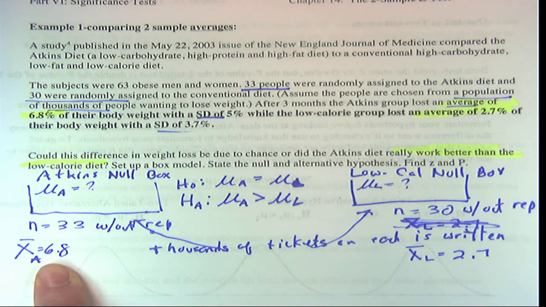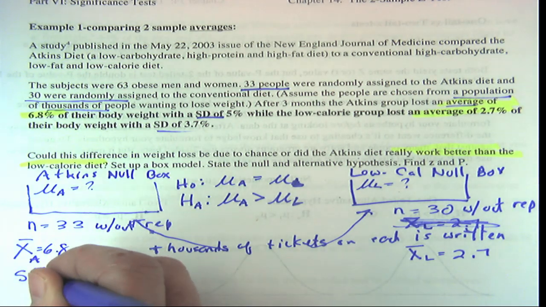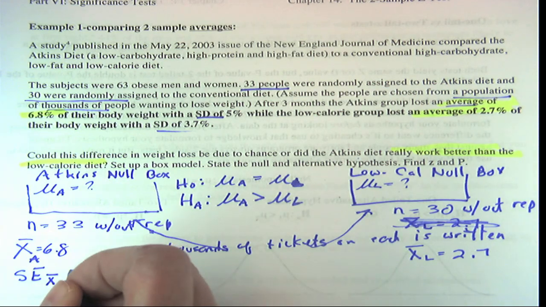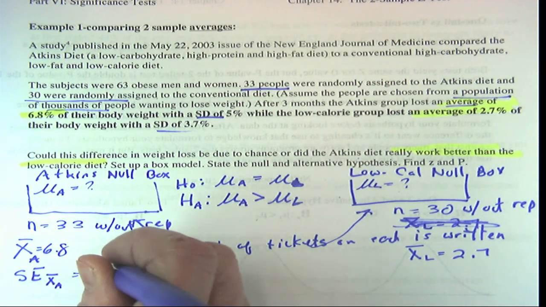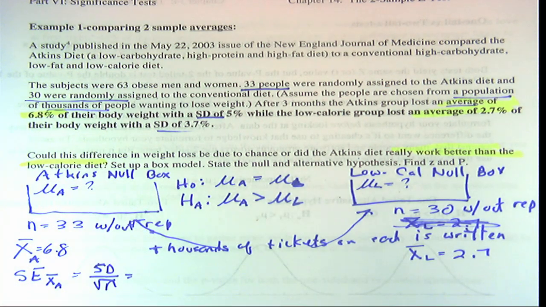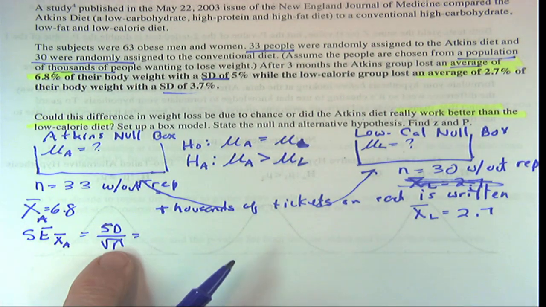So we have to figure out the standard errors. The standard error of the sampling average from the Atkins, remember what it is. It's an average, so it's SD over the square root of n. So SD, where do we get it from?